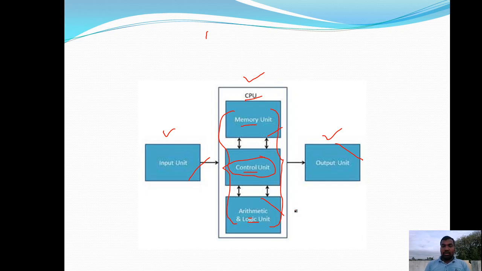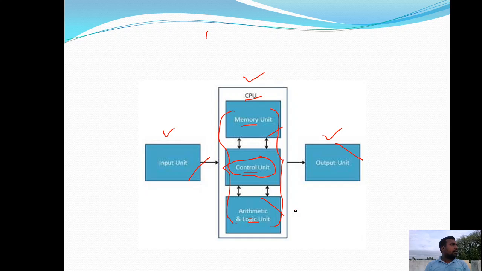The output unit is responsible for displaying or giving the output to the user in a user understandable form. The input given by the user is in a user understandable language.